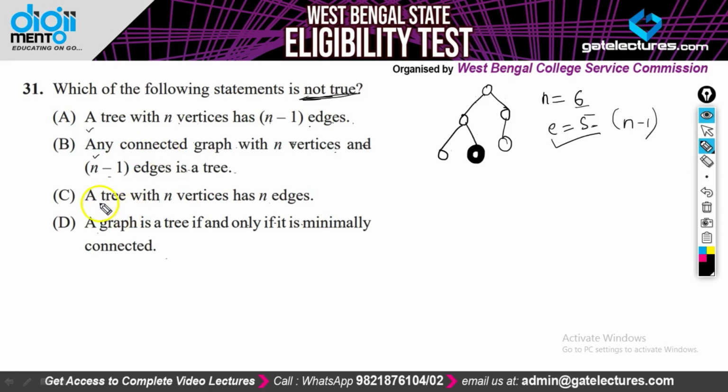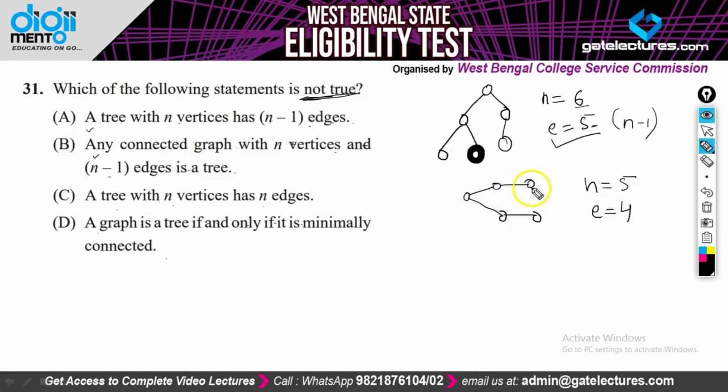Now option C says a tree with n vertices has n edges. If there are n vertices, we have seen for being a tree it should be n minus 1, but they are saying n edges. Now let's take a different example. So here I have how many vertices? 1, 2, 3, 4, 5. 5 vertices, and how many edges do I have right now? 1, 2, 3, 4.